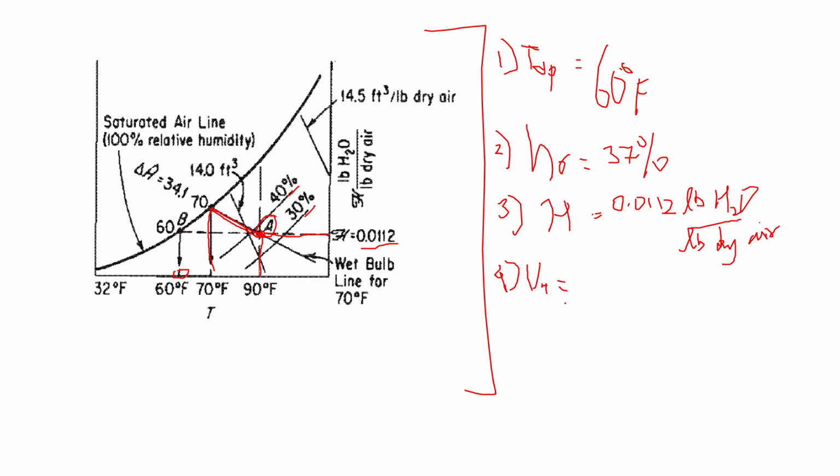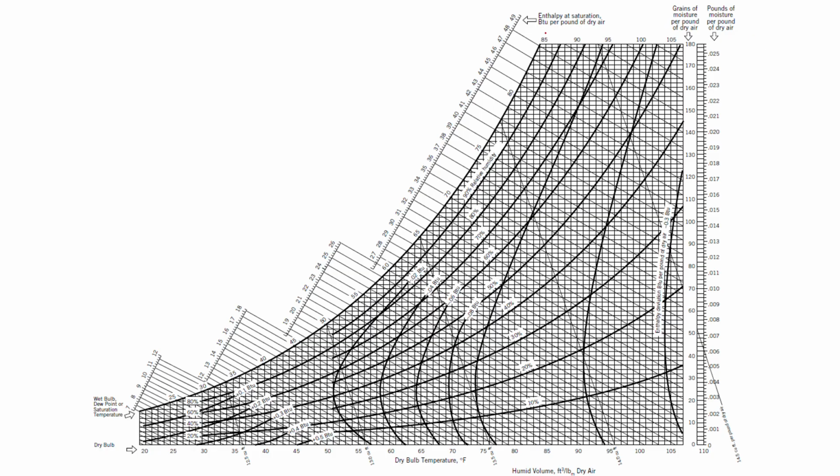The humid volume we will again find by interpolating these slanting lines, which you can see here. These are the lines for humid volume, which has been denoted here with the unit of feet cube per pound mass dry air.